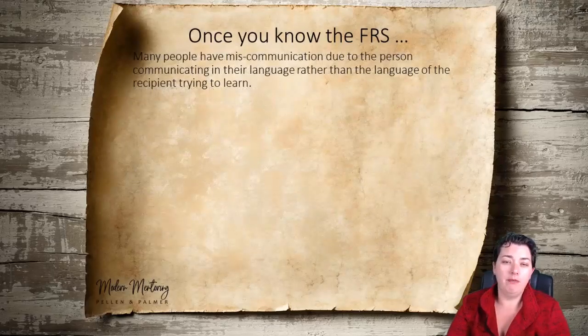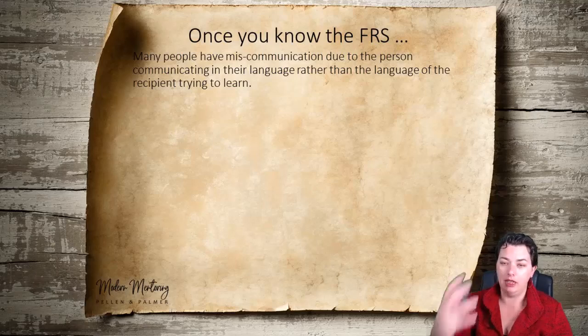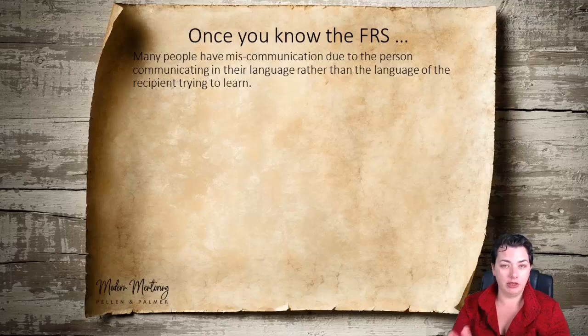So many people have miscommunication due to the person communicating in their language rather than the language of the recipient that's trying to learn. That's why when we're in school classes and stuff like that, people fall behind because the actual teacher has their own learning language and they're not willing to adapt outside that.